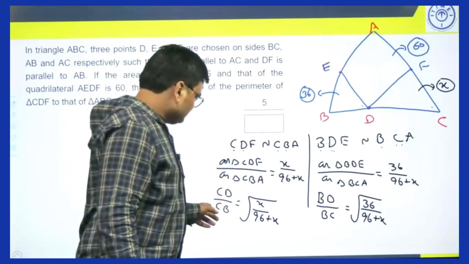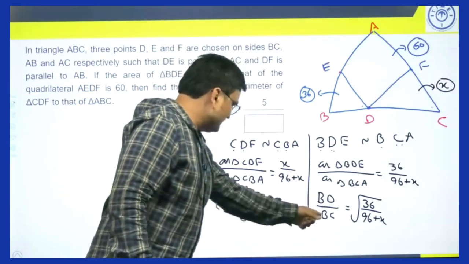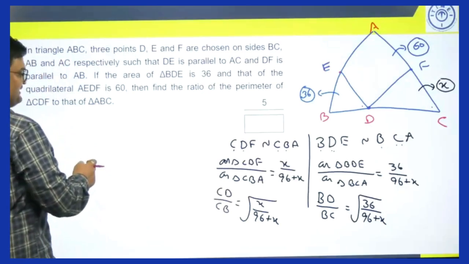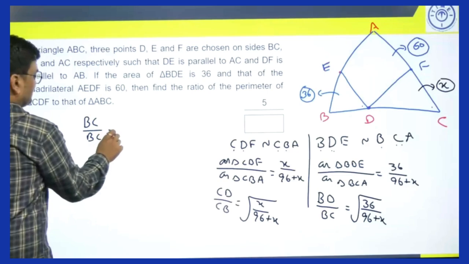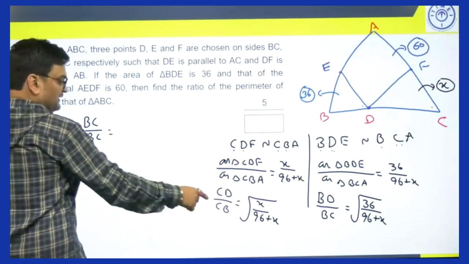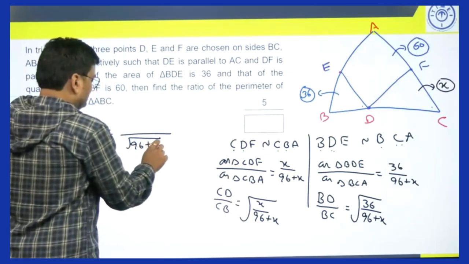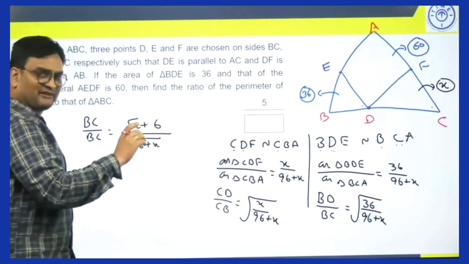if I now try to add these two, because the denominator BC is the same, BD plus CD is nothing but BC, denominator same BC, will be equal to root 96 plus x, which is common. So numerators can simply be added, root x plus root 36, which is nothing but 6.